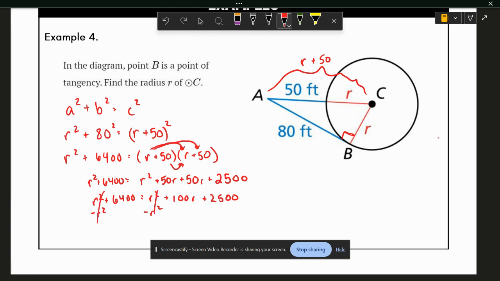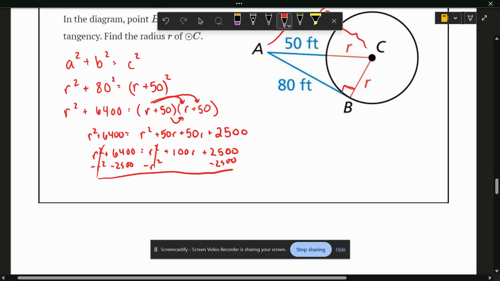And then if I subtract 2,500, I'm going to end up with 3,900 equals 100r.